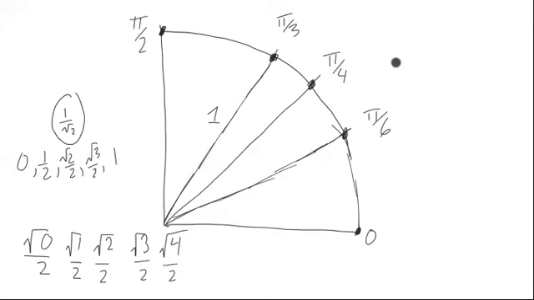So knowing this order, and knowing that the smaller angle, for instance, pi thirds, gives you a smaller x coordinate, but it gives you the bigger y coordinate. Notice that the smaller x and the bigger y are here symmetric.